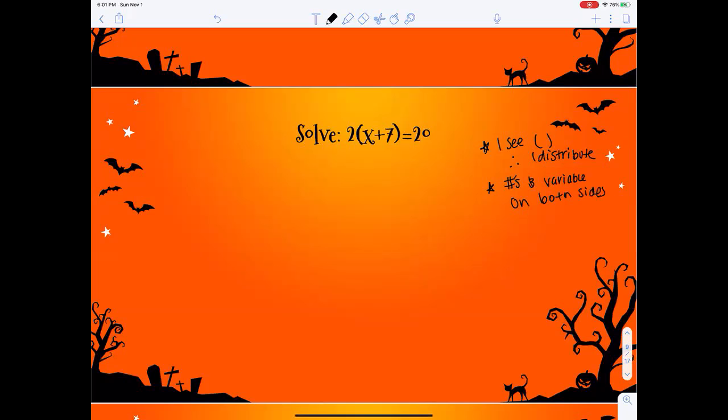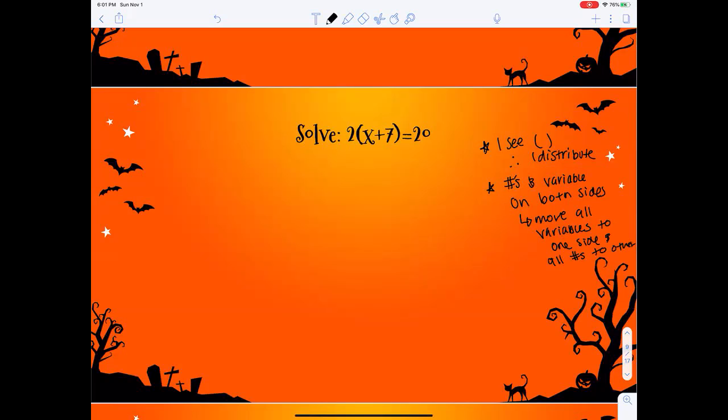So I'll want to make sure that I move all variables to one side and all numbers to the other. So let's do this. So I see parentheses, therefore I distribute.